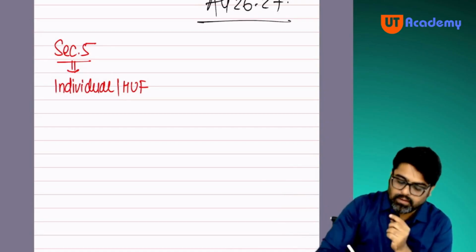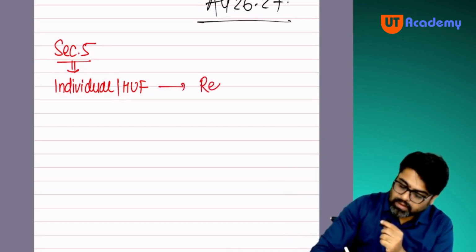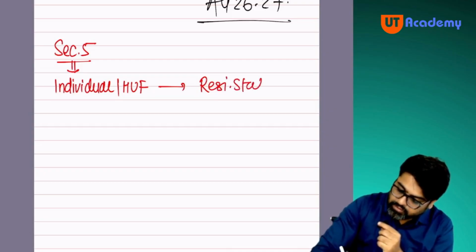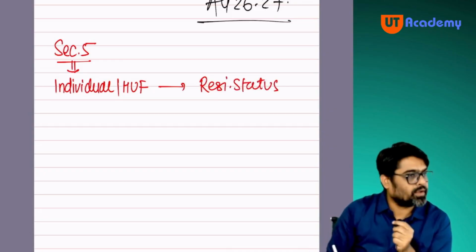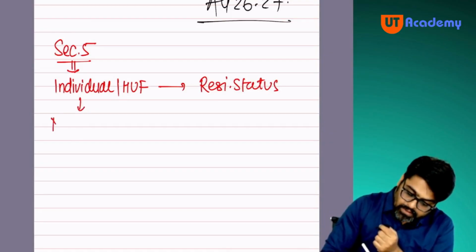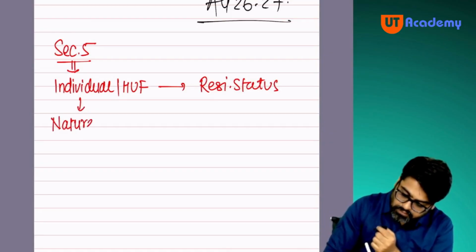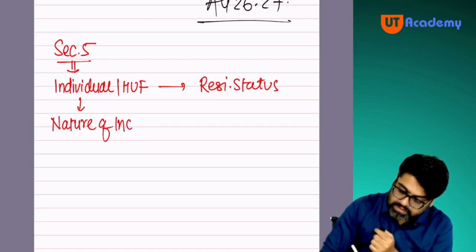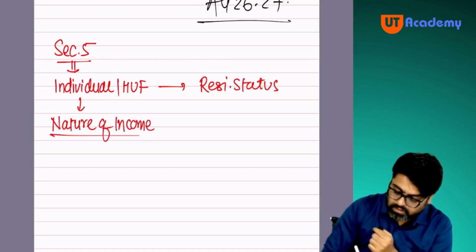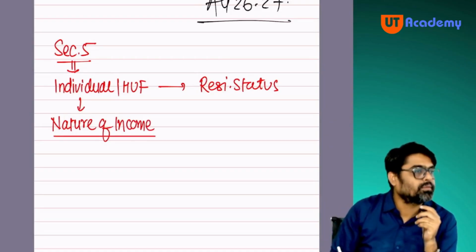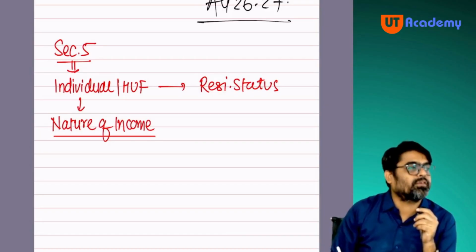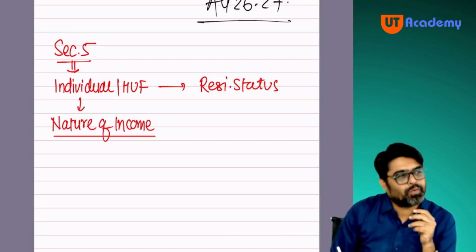Number one, the residential status of this individual or HUF, and the nature of income which is earned by this individual or HUF, during the previous year 25-26.